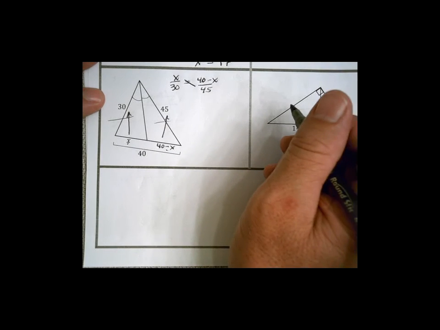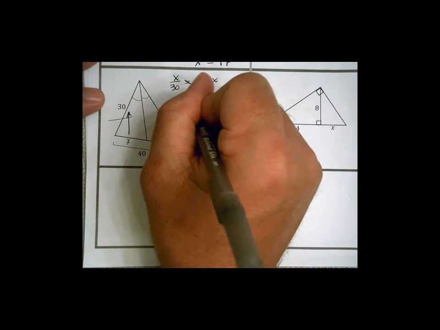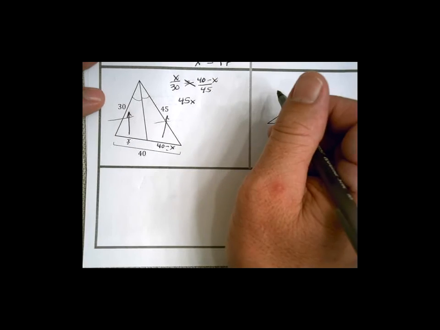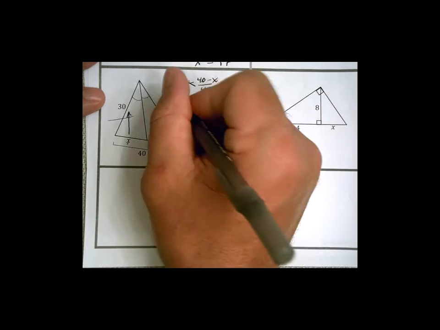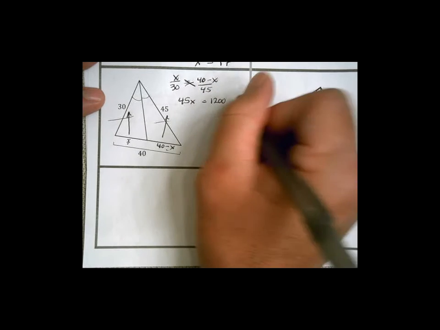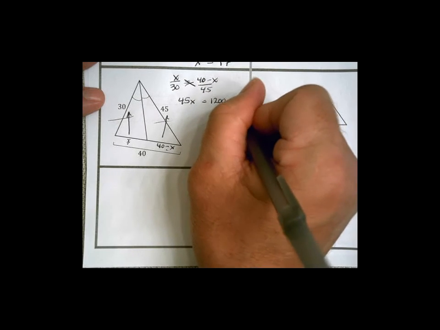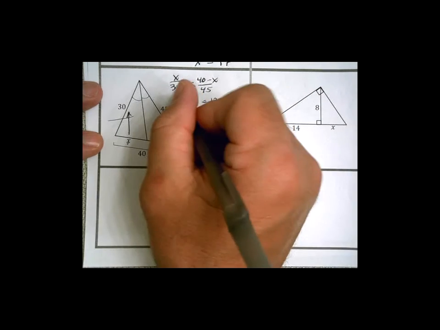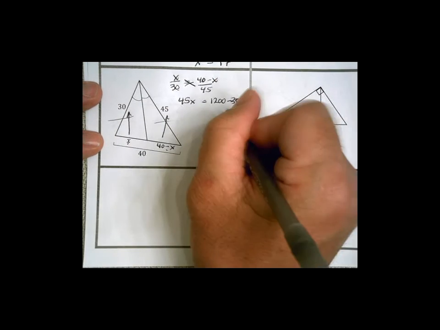All right, so we cross multiply. X times 45 is 45x. And 30 times 40, well, that's 3 times 4 is 12 plus 2 zeros. And 30 times negative x is negative 30x.